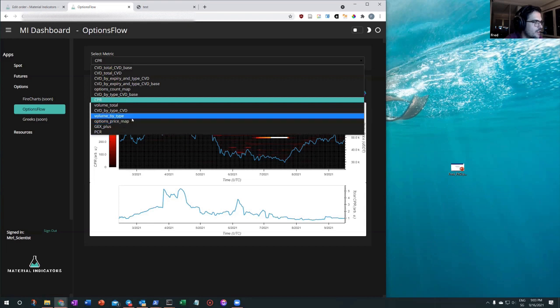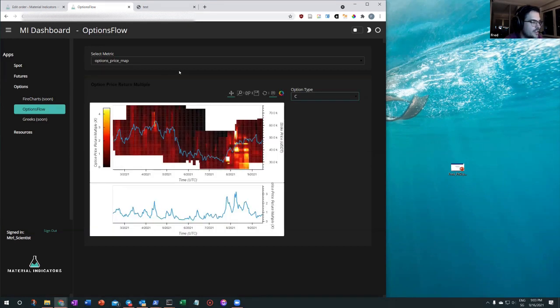What else? We have the options price map. Here we see how much of a return each contract gave, but this is the average across all the expiries, and it's also interpolated in the Y direction. So in this case, we saw a lot of call type option returns near these local peaks, right?